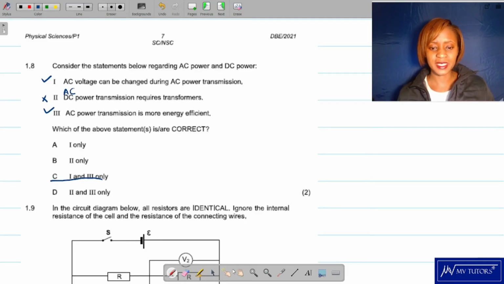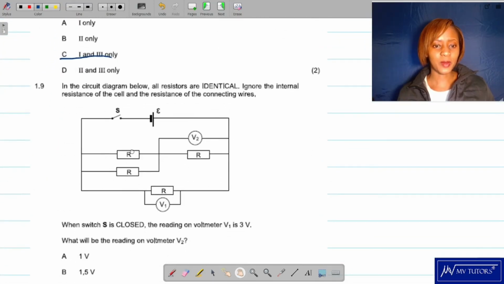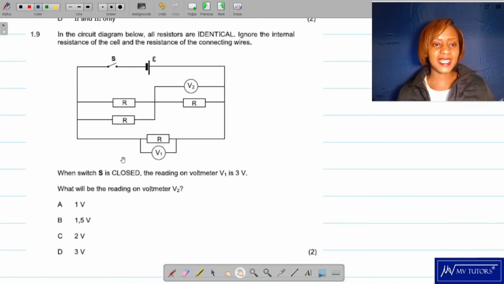All right, and then 1.9. In the circuit diagram below, all resistors are identical. We can see R. Ignore the internal resistance of the cell, so that would be right about there, and the resistance of the connecting wires.